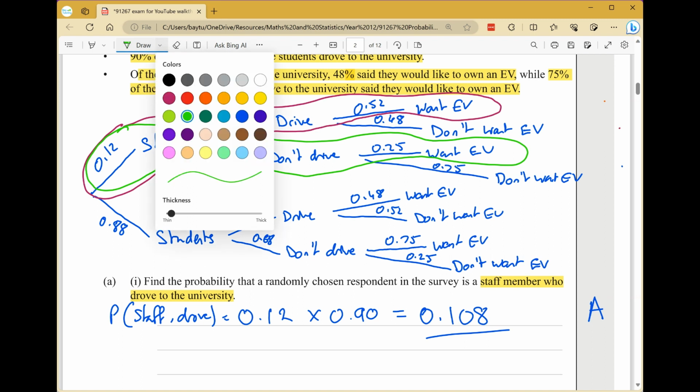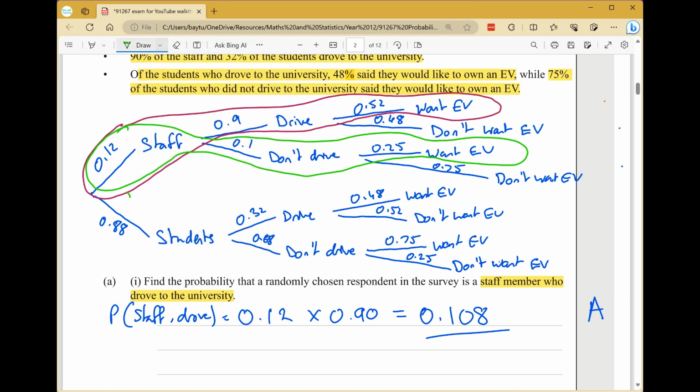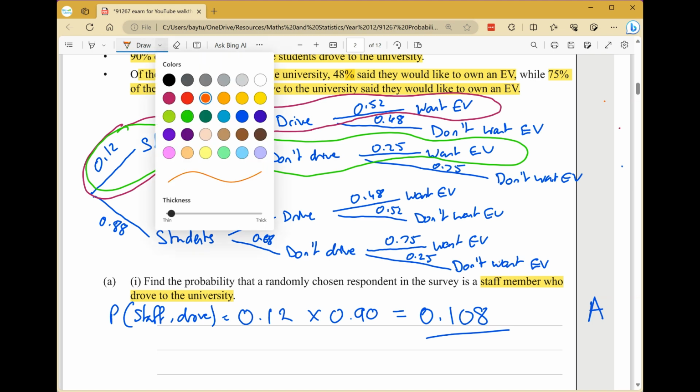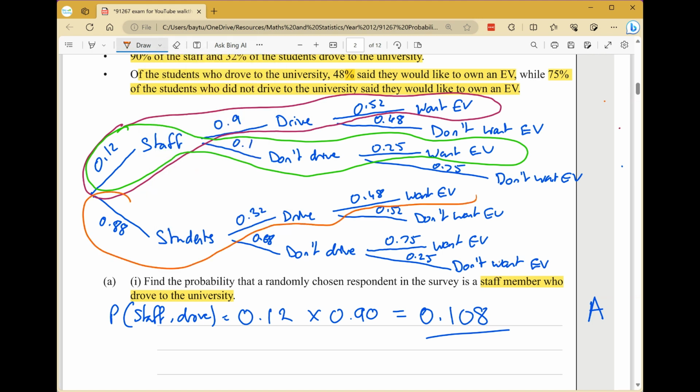And then we can have a student who drives and wants an EV. Or we can have a student who doesn't drive who wants an EV. So those are the 4 outcomes where that individual wants an EV.